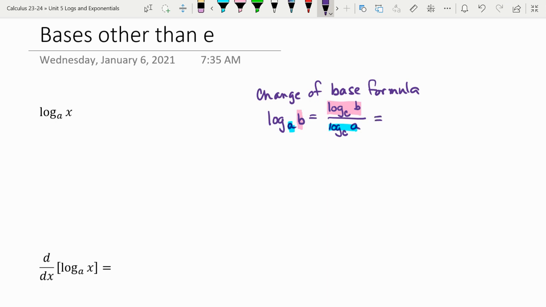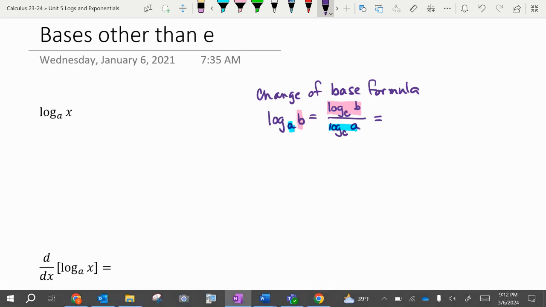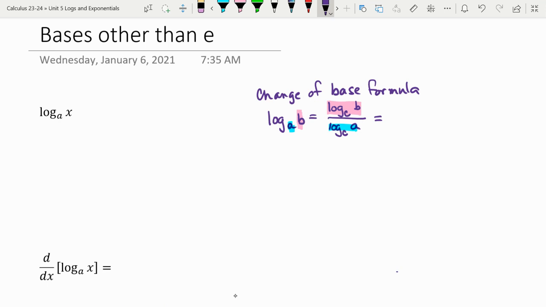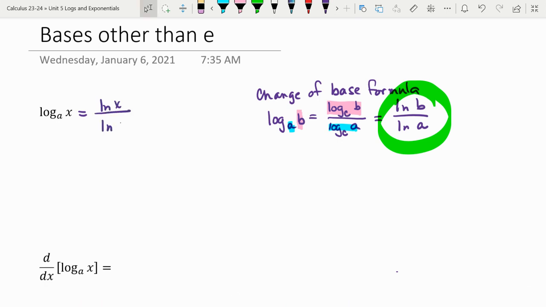If we're going to do a change of base and we already know how to take the derivative of the natural log, then why not just choose ln of B over ln of A. So if I have log base A of X, using natural log, this will be ln of X over ln of A.